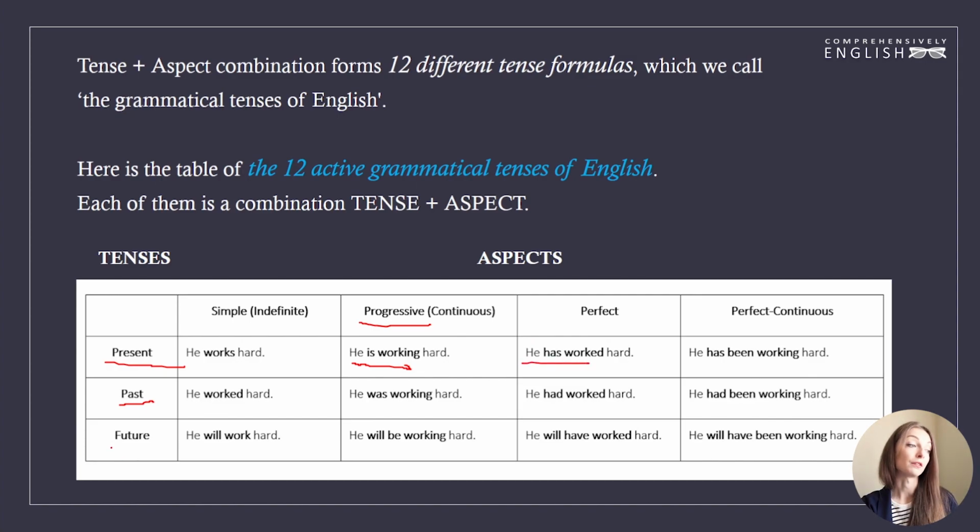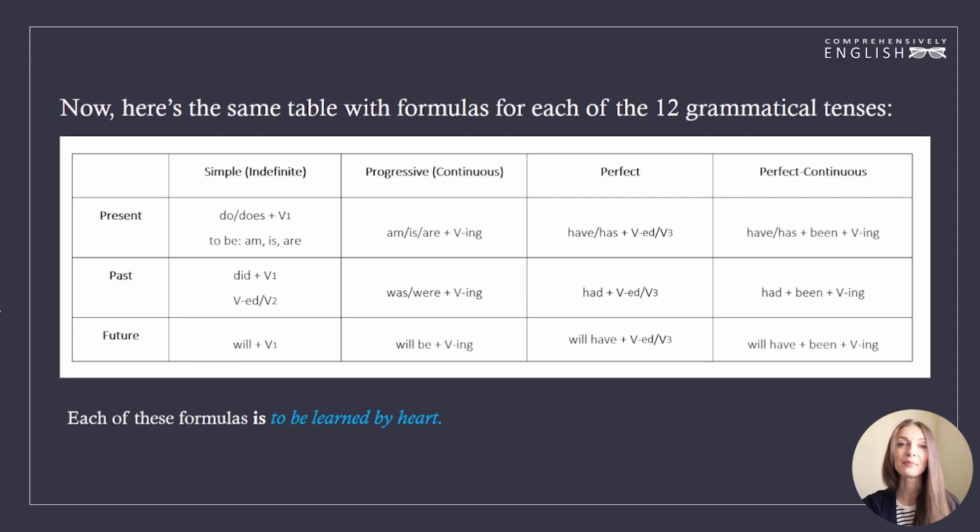If we combine the future tense with the perfect continuous aspect, we will get the future perfect continuous tense, and so on and so forth.